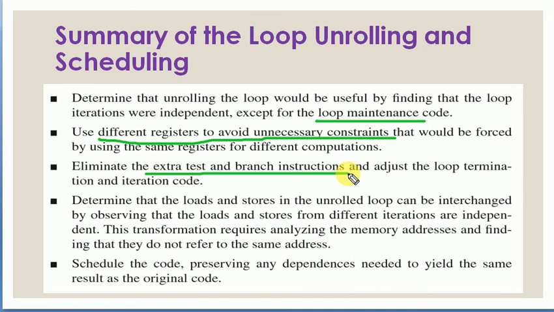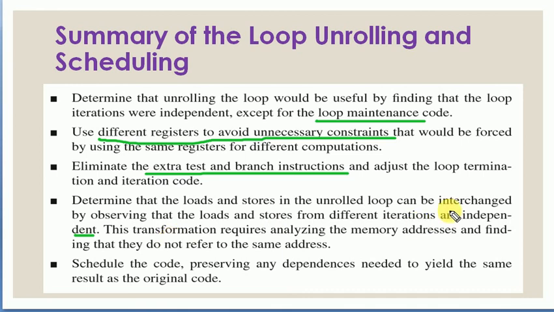Then determine that the loads and stores in the unrolled loop can be interchanged by observing that the loads and stores from different iterations are independent. So we can do some interchange while doing scheduling. We can interchange load and store, depending on the set of instructions available.